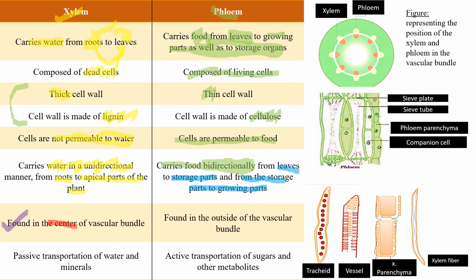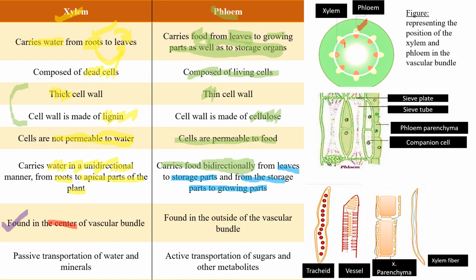The xylem is found in the inner side, in the center of the vascular bundle. In contrast, the phloem is found on the outside, forming a ring. The center is xylem and outside is the phloem in the vascular bundle.